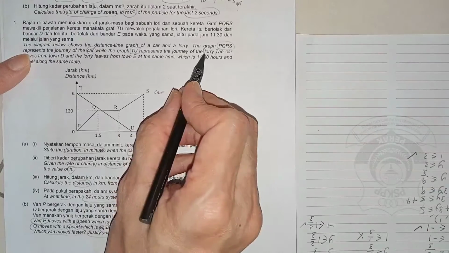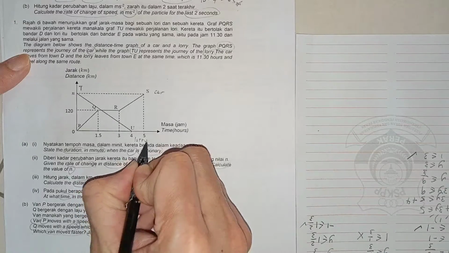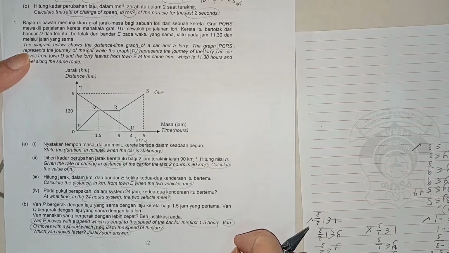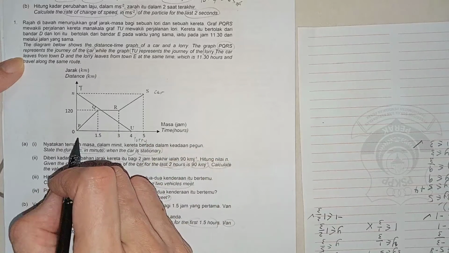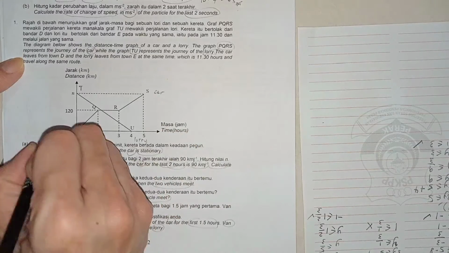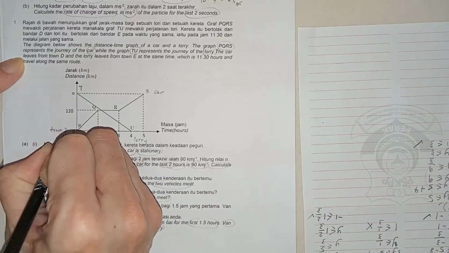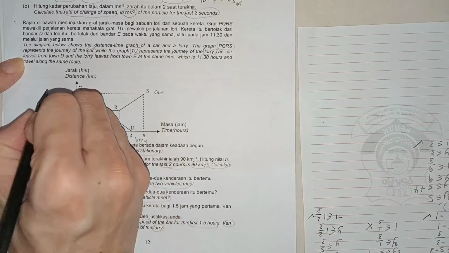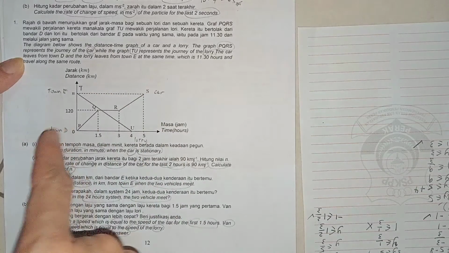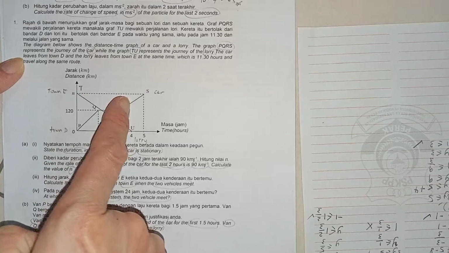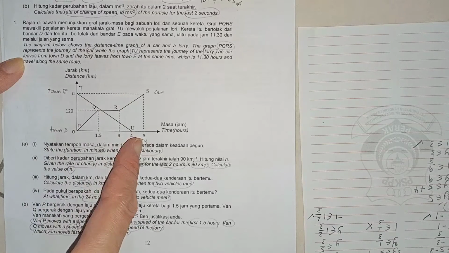TU is the lorry. The car is from town D, and the lorry is from town E. That means the car goes D to E, the lorry goes E to D.